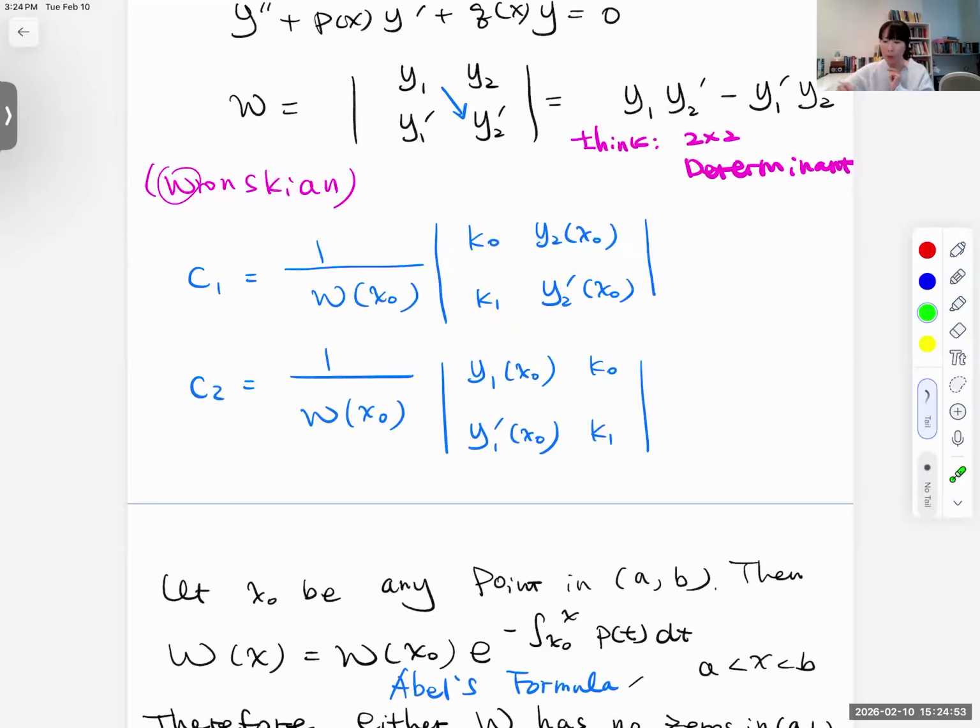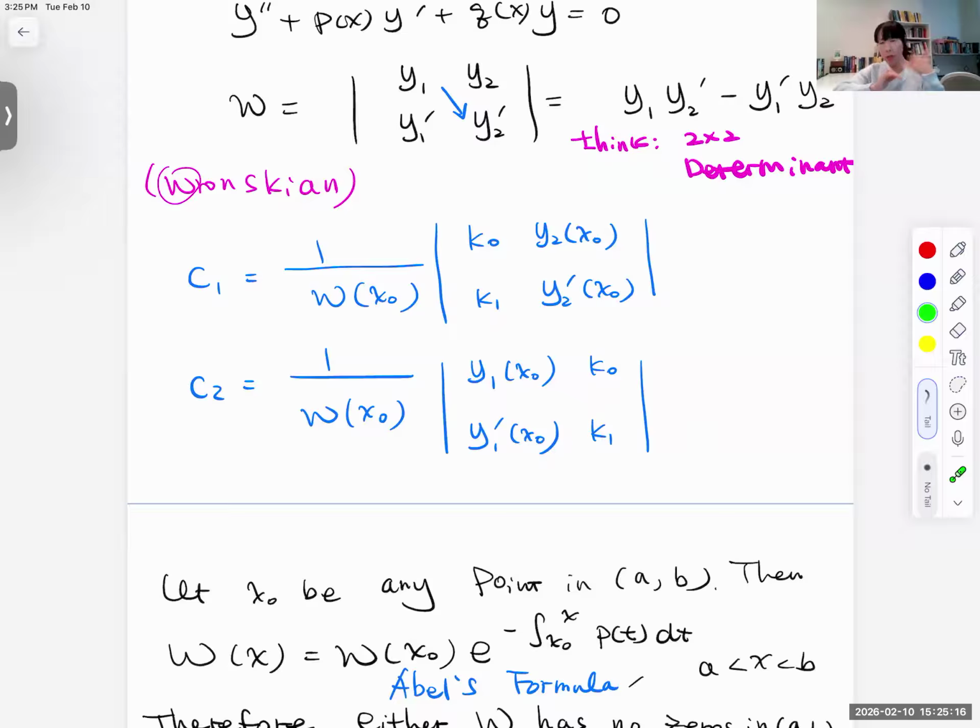Okay, do you remember moving the column? Did you see it somewhere before? Yeah, right. In linear algebra, Cramer's rule, right? So they change the column, right? Yeah. Okay.